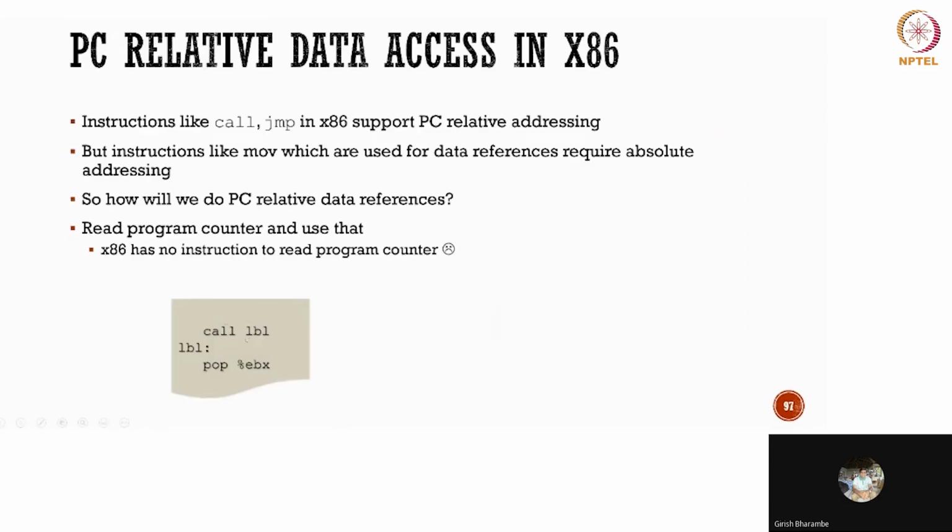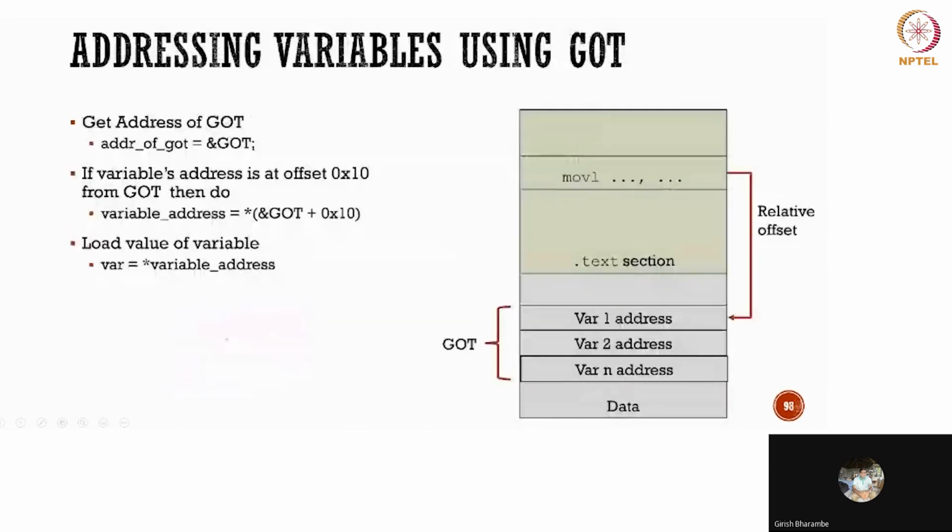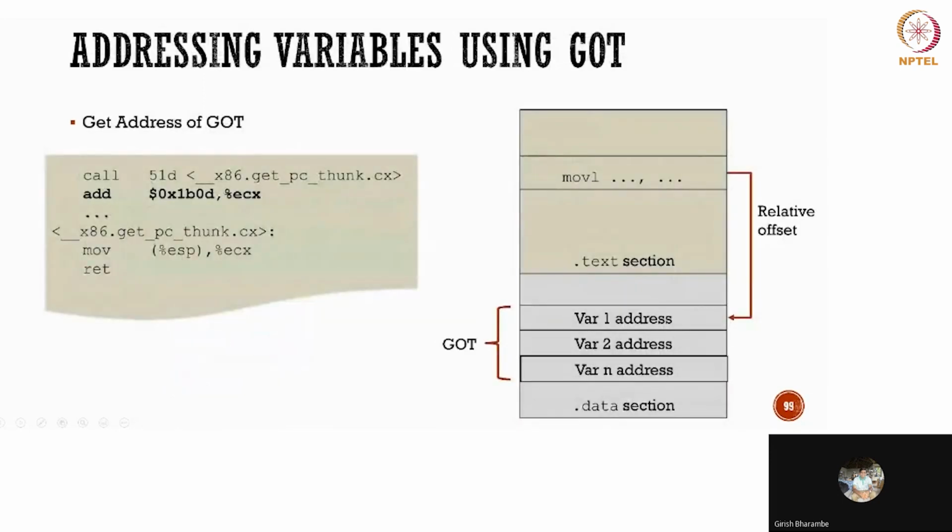x86 unfortunately doesn't have a way to create a PC relative reference. So there is a trick which I'll skip over for now, but essentially you will see code something like this. You can call some function. Remember what happens on the stack: the return address gets pushed. Whenever you call a function on x86, it implicitly pushes the address of the next instruction on the stack, for the return.